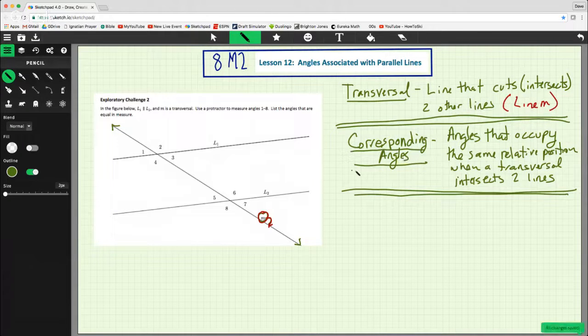So when we're dealing with transversals, we're dealing with 2 intersections. So here's one intersection right here of lines, and here's the second intersection, because that transversal intersects these 2 other lines. So if you think about these as intersections, maybe on a map, there are angles that are in the same relative position. So let's look at those.